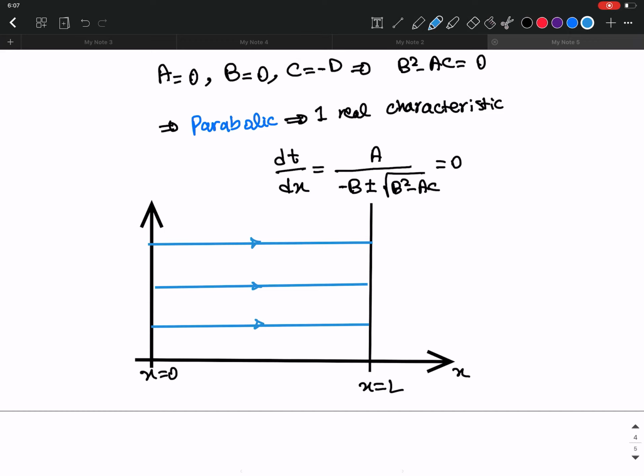So this is going to be the characteristic, and we are also going to have the initial conditions which are going to propagate in time like this, and these are different than the characteristics.